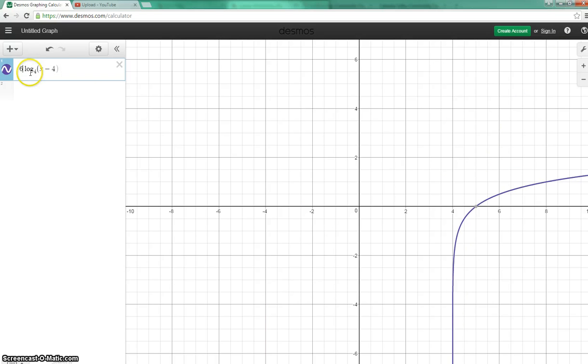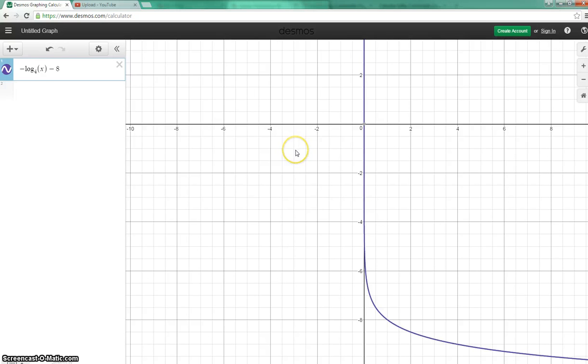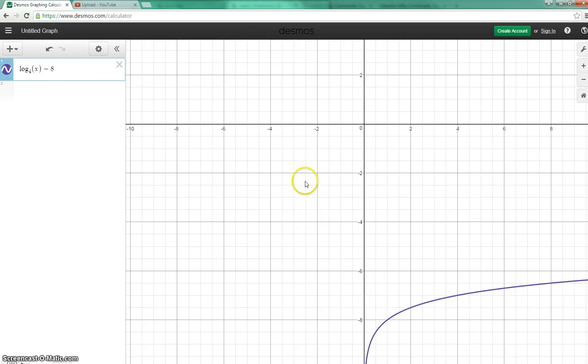If I multiply it by a number, it gets stretched vertically. If I multiply it by a negative on the outside, it gets flipped on the x-axis. If I change the sign of the x on the inside, it flips it on the y-axis. So it has all those same properties that everything else has. And I could move it up or down. Minus 8 is just moving it down. So these are all similar properties of exponentials and the other functions that we've talked about.